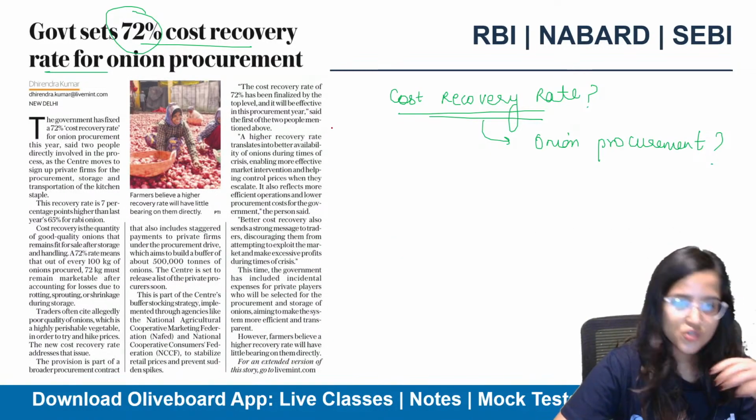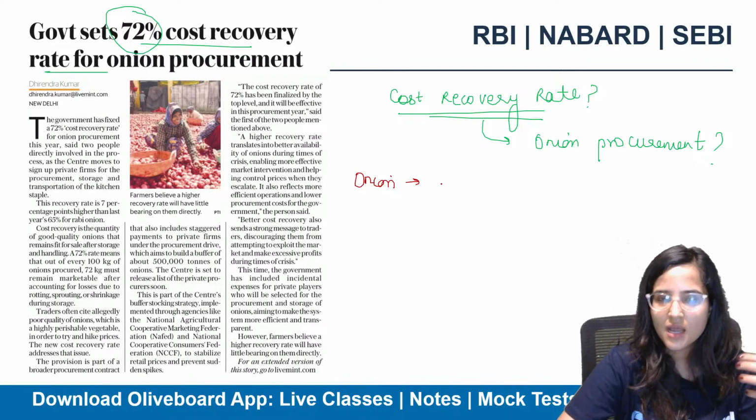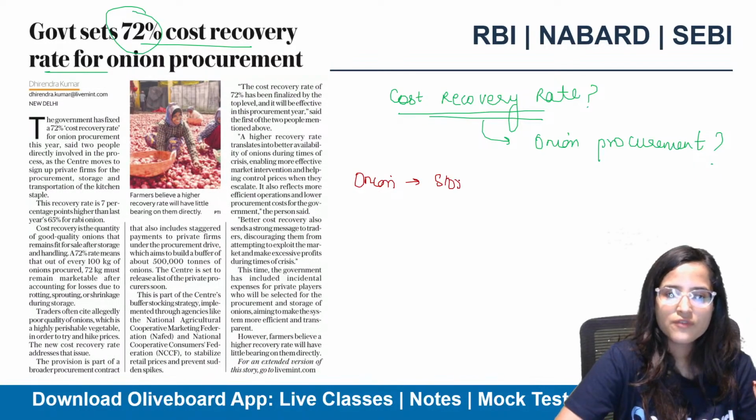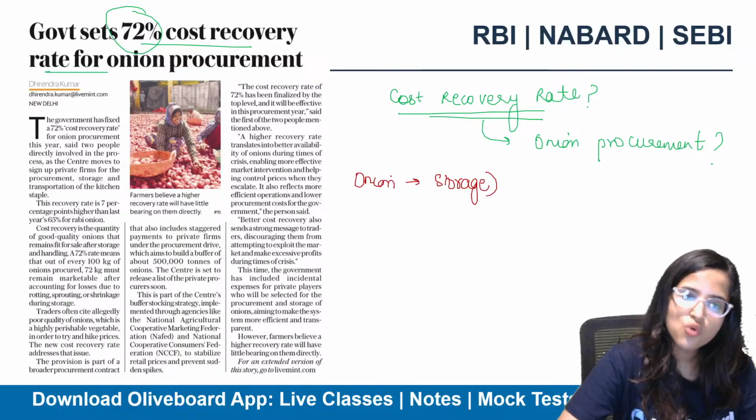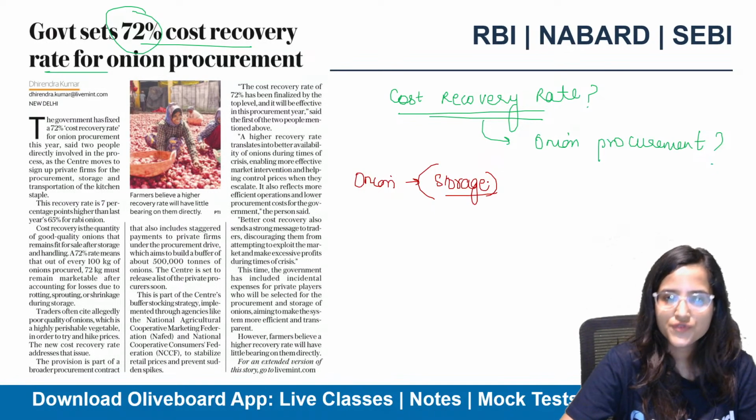See, first of all, onion is procured. Onion is procured means that we collected the onion and then we stored it. Right, we stored it. Onion is also stored in the storage facilities.